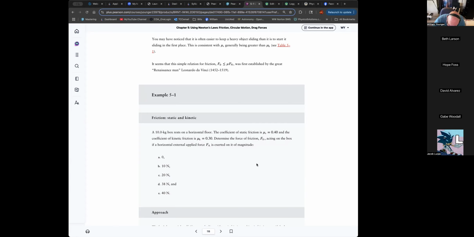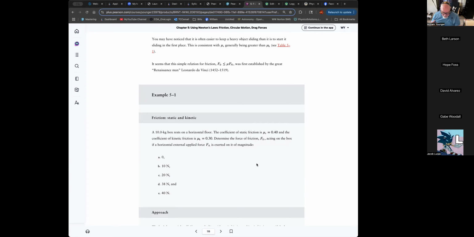So for part A of the question, F A is equal to 0 newtons. And what they're asking for is to determine the force of friction. So when the applied force is 0, the force of friction has to be a static friction force, and it's equal to 0.